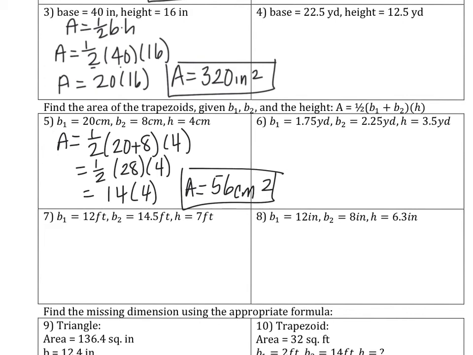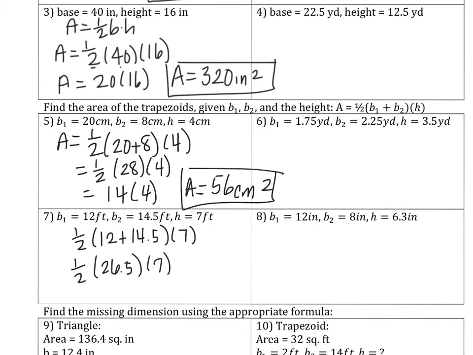Number 7, it's going to be half of 12 plus 14.5 because B1 plus B2, and that's times the height. And that's going to be half of 26.5 times 7.